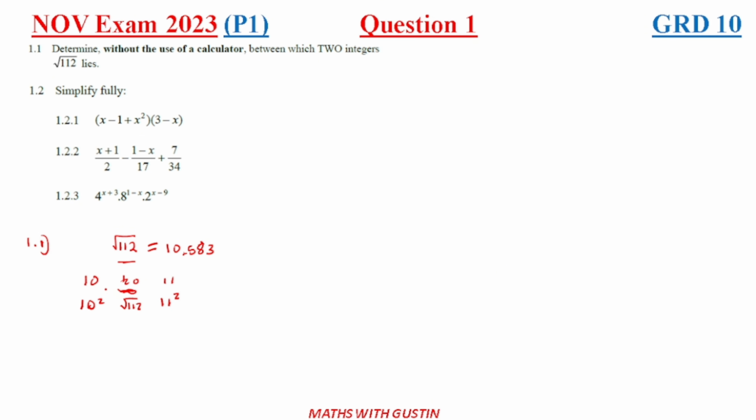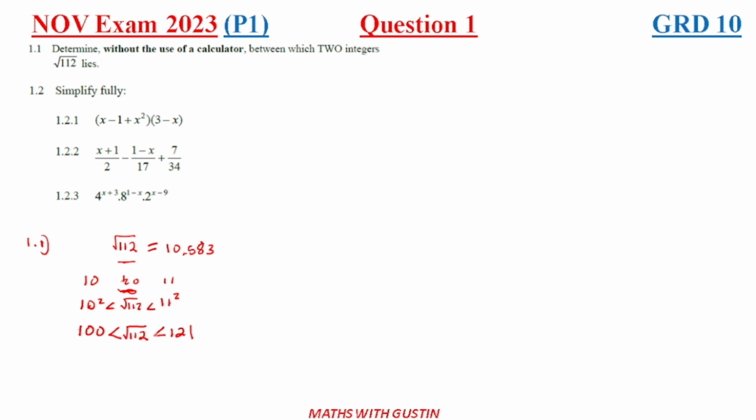If you have a look at this, you can see that 10 squared gives us 100. So you can also put your inequality signs there: 112 is greater than 100 and less than 11 squared. 11 squared will give us 121.